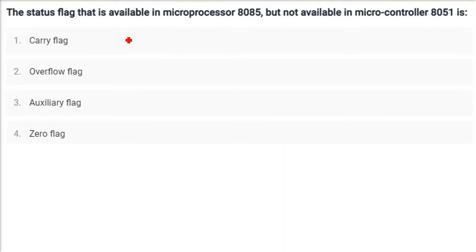The status flag that is available in microprocessor 8085 but not available in microcontroller 8051. Now this is a very specific question with respect to one microprocessor and one microcontroller.